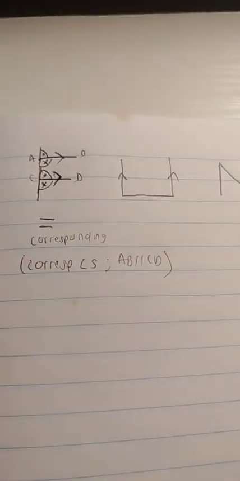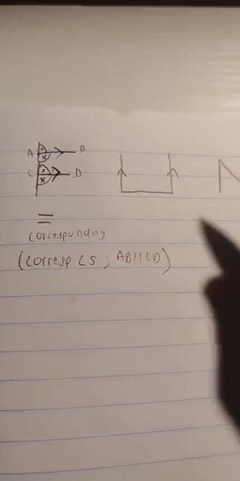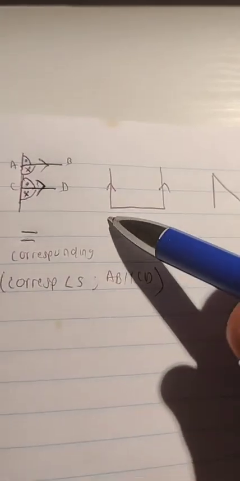Okay, that basically covers the corresponding angles relationship. Then we have this relationship between these parallel lines. Inside these lines we have these angles.